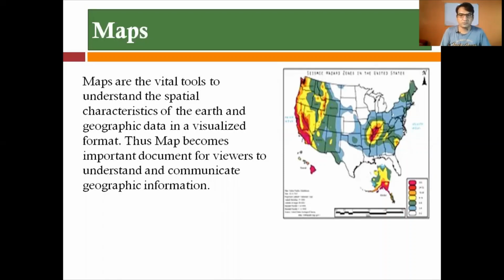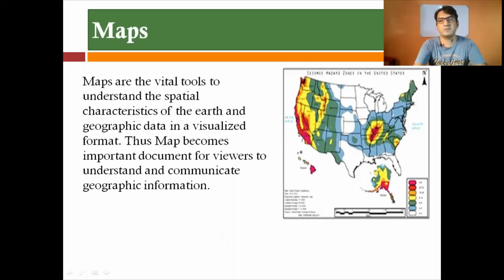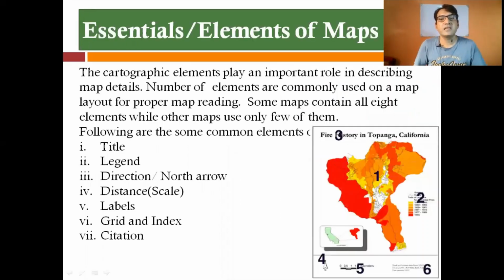So maps become important documents for viewers to understand and communicate geographic information. A map is a very important document because it gives you lots of information related to geography. So it is very important for us to understand what is meant by the map. Let's go to the basic essentials of the map.